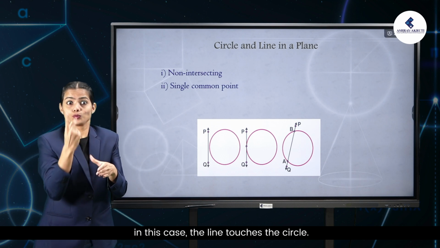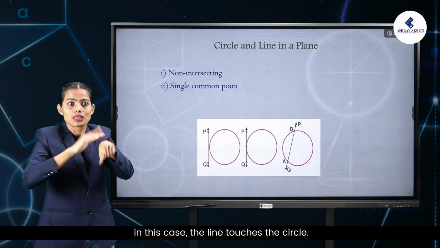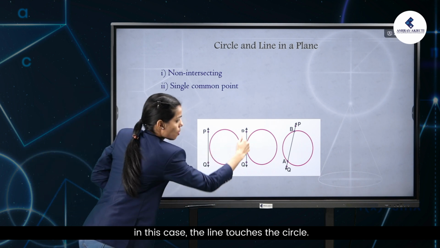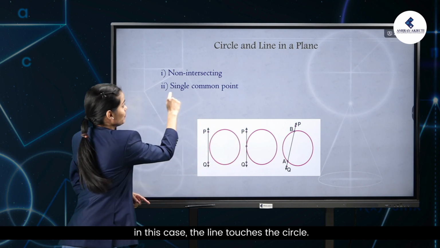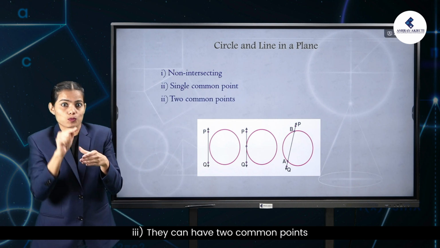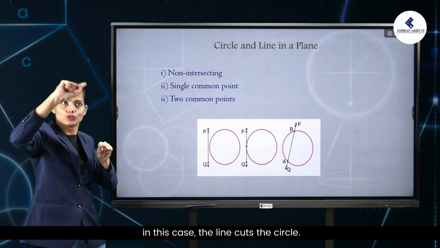In this case, the line touches the circle. They can have 2 common points. In this case, the line cuts the circle.